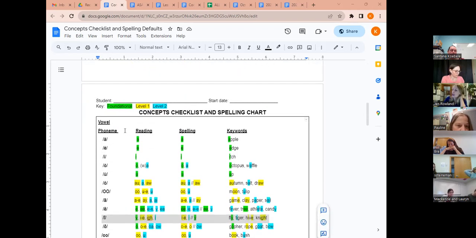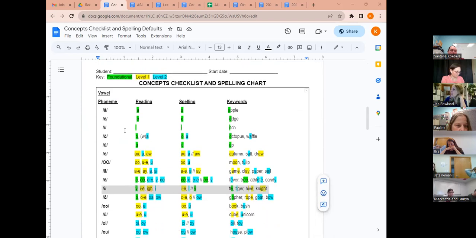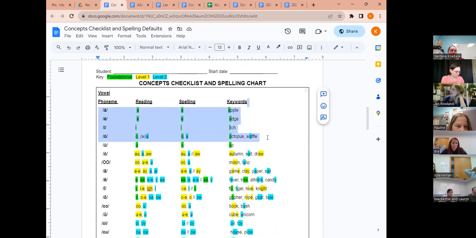We know the second page is all about the vowel phonemes. So far, it's been really simple with the short vowel sounds: apple, edge, itch, octopus, and up.